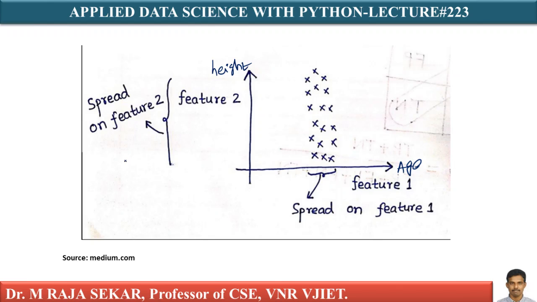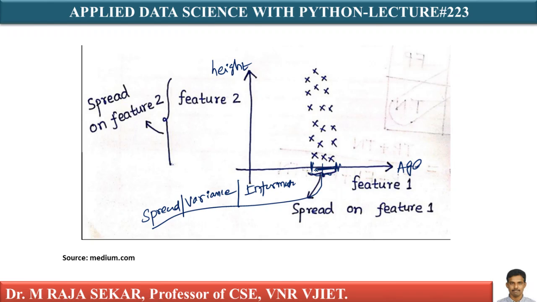Normally in the classroom, the spread of age will be less. That you must understand. How much spread, how much variance, this is the spread, this is the variance, this is the information. In a classroom, normally the spread of age will be very less.